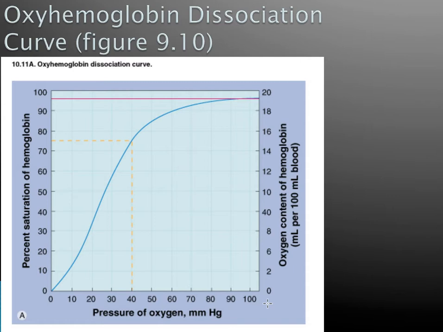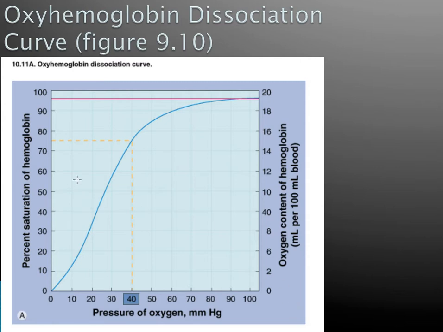And in a previous set of notes and video, I asked you to remember some numbers. Arterial PO2, the partial pressure of oxygen in the artery, is about 100. And the partial pressure of oxygen in venous blood at rest is about 40. So those are two good numbers to remember.